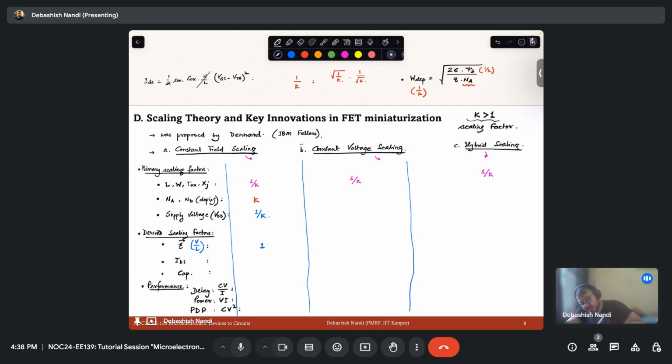Your voltage is scaled by 1 over K, so this is 1 over K square.